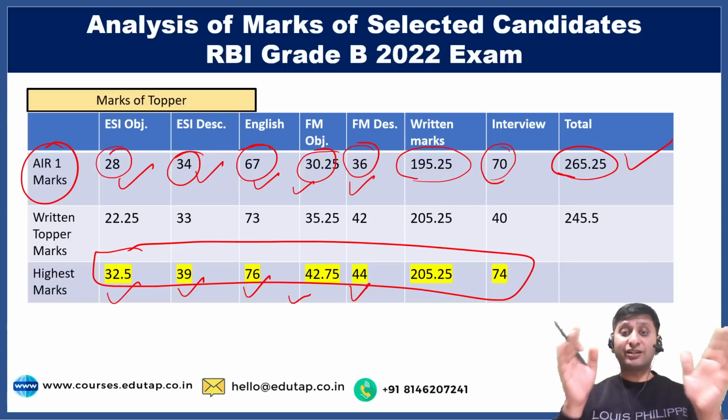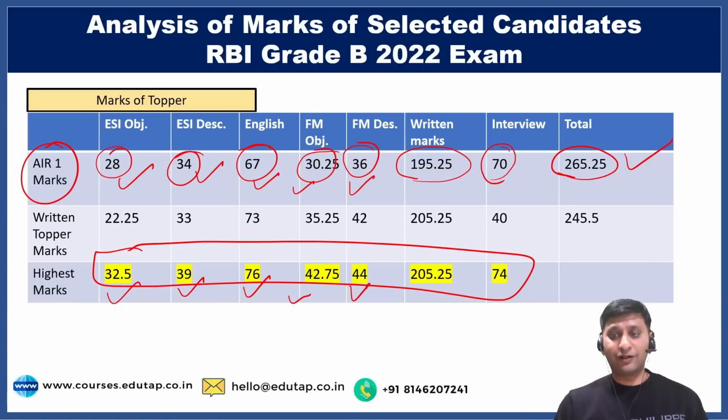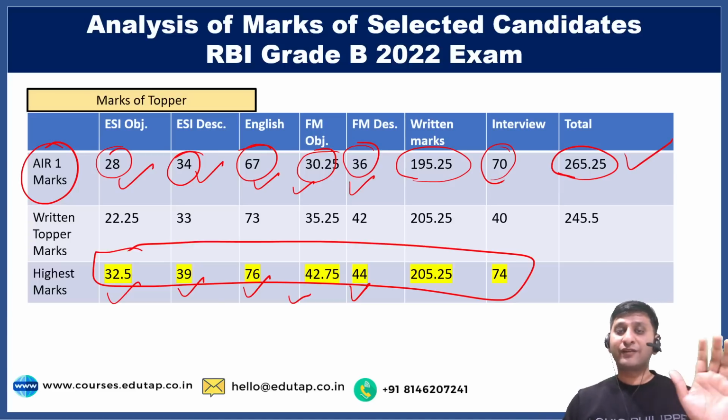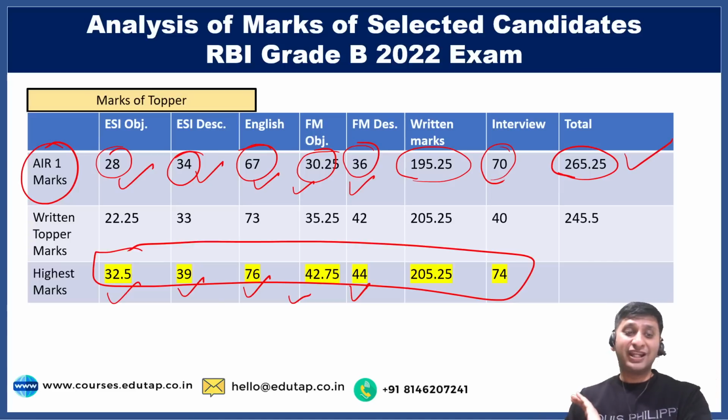But I think it is the consistency of this candidate which has made him the topper. You just see the consistency. He has underperformed nowhere or overperformed nowhere, but if you see the consistency in ESI objective, descriptive, English, FM objective, descriptive, he has shown a great consistency.